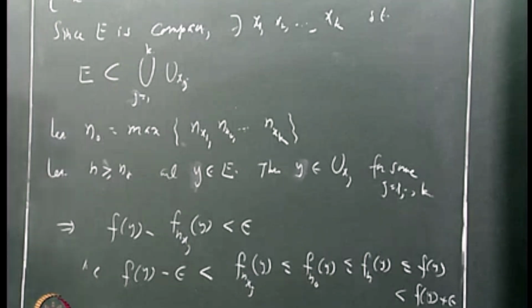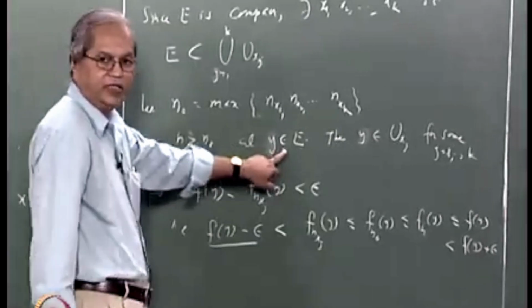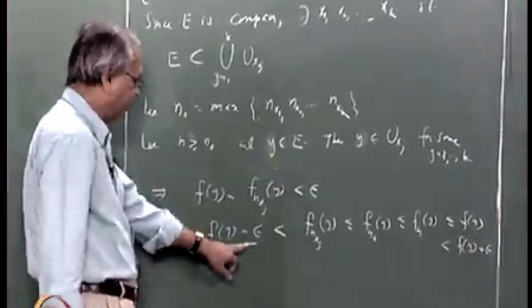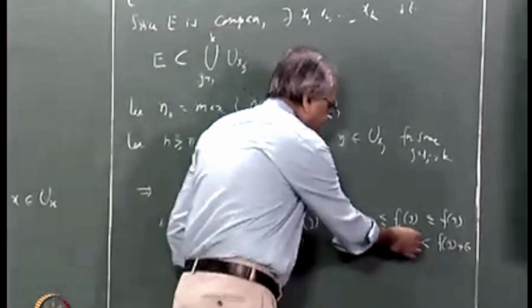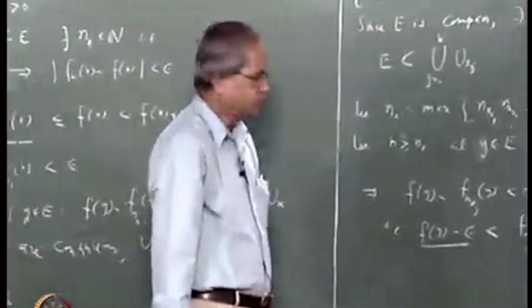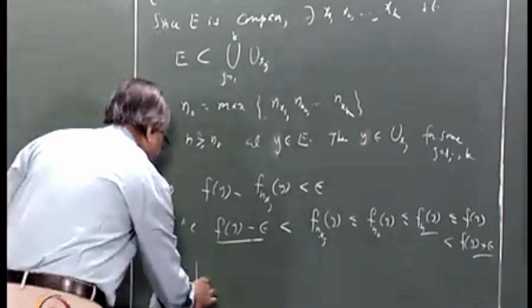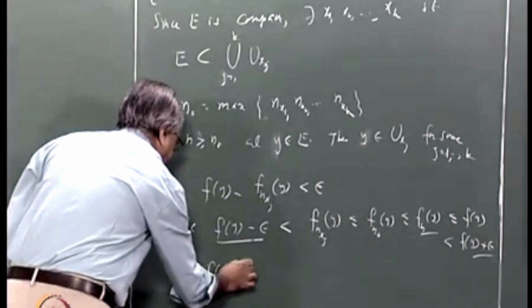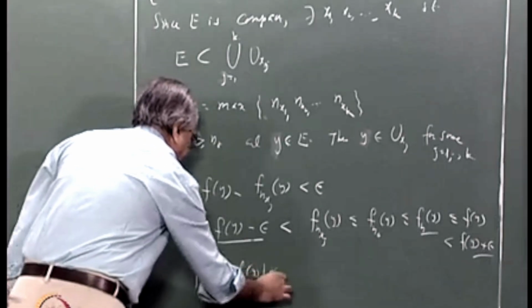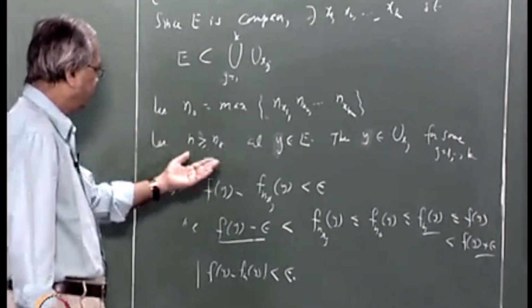So what did we prove? Just look at this: we have taken n bigger than or equal to n0 and y in E. Then f(y) minus epsilon is less than f_n(y), which is less than f(y) plus epsilon. If you combine these inequalities, this is the same as saying f(y) minus f_n(y) is less than epsilon, and this is true for every y.